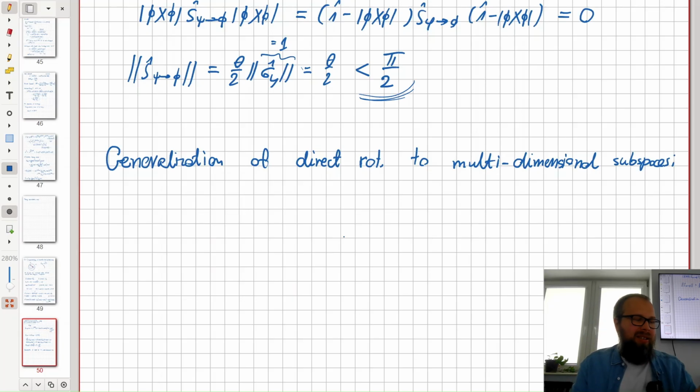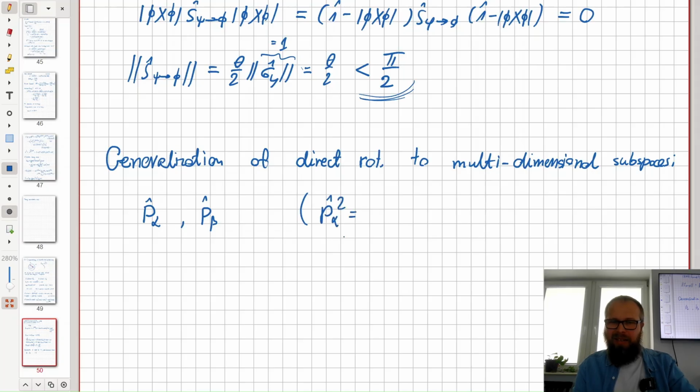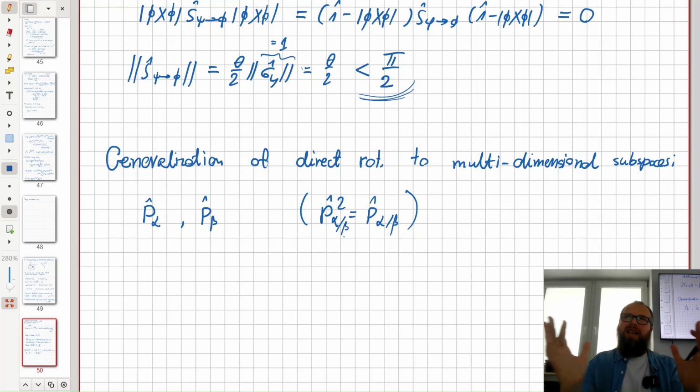Imagine we are given two projection operators, P alpha and P beta. They are projection operators, so if you square them, you just get them back. That's what they are.